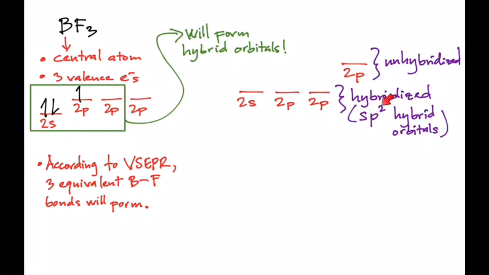The number 2 up top basically tells you how many p orbitals will form a hybrid. In this case, we have 2 p orbitals and 1 s orbital, so we have sp2 hybrid orbitals. These are your hybridized orbitals, and you have 1 2p orbital that remains unhybridized. Now we can split all 3 valence electrons among the hybridized orbitals, as shown here. So you can see that these hybridized orbitals can form 3 single bonds with fluorine.